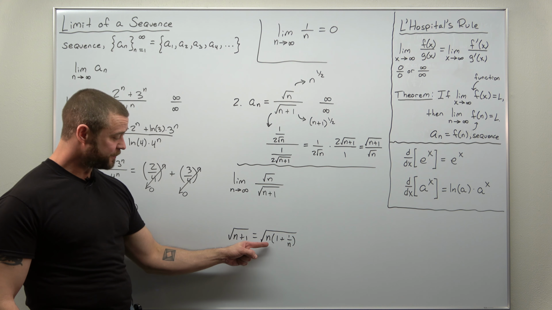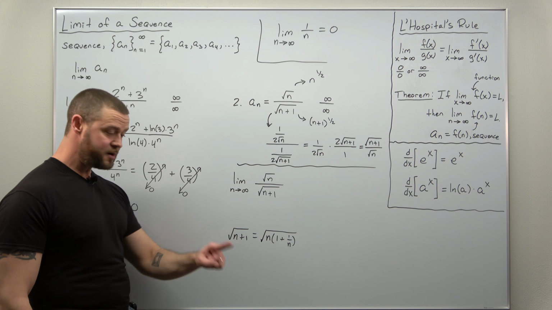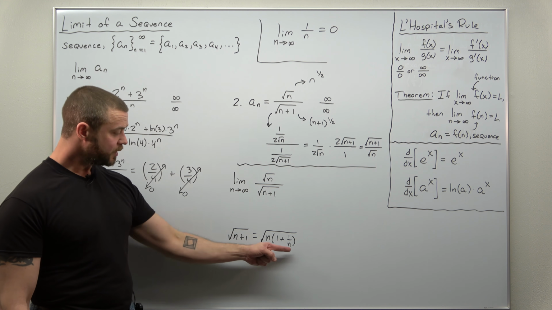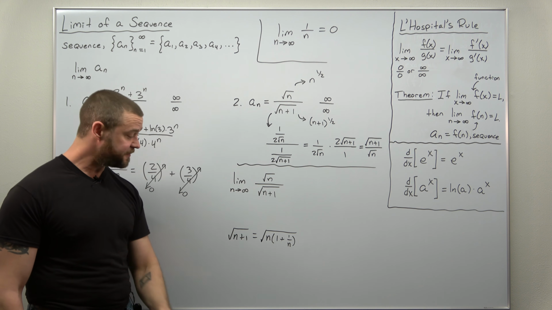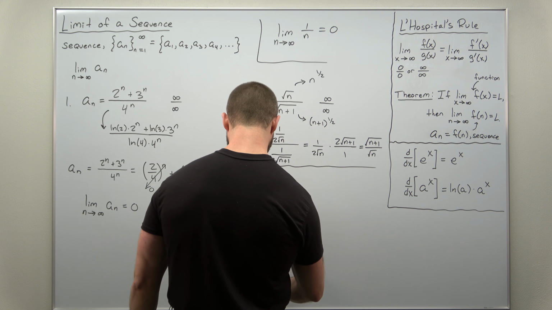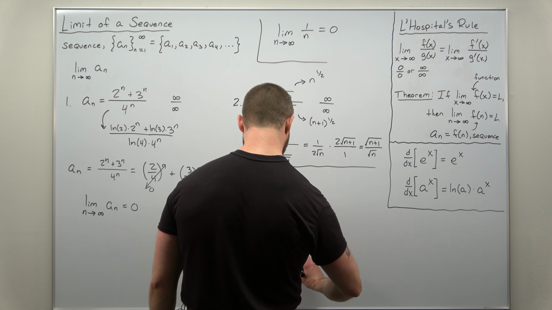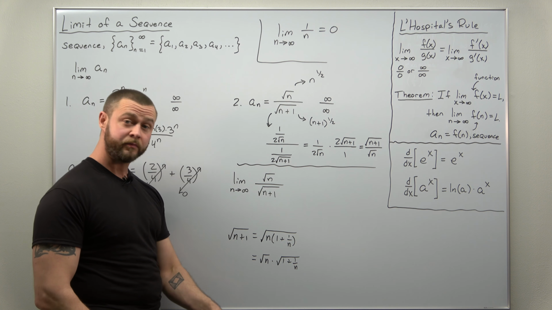Check by distributing. n times 1 gives you n. n times 1 over n, that does give you 1, so that's correct. And what we're going to do from here is basically take the square root of each factor, n, and 1 plus 1 over n. And now we have our reciprocal term.